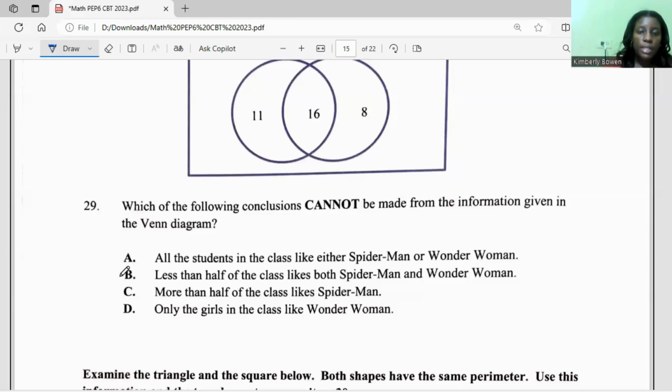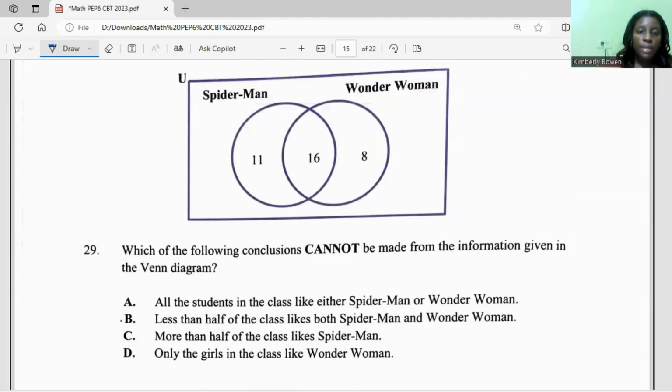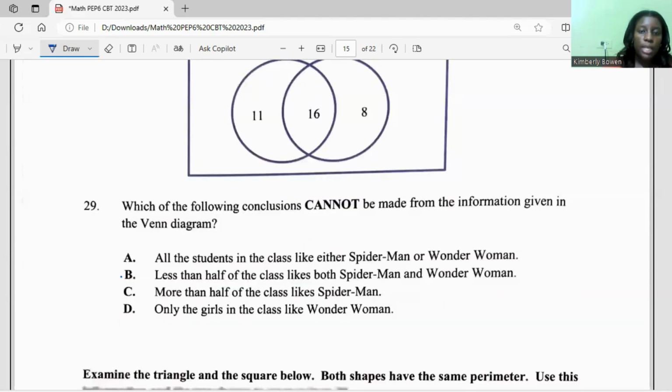So I think this could be the answer, but let's figure it out. It says more than half of the class likes Spider-Man. If you look at who likes Spider-Man alone and who likes both Spider-Man and Wonder Woman, then that would be more than half of the class. And then you can say only girls in the class like Wonder Woman. It didn't say anything about boys and girls.